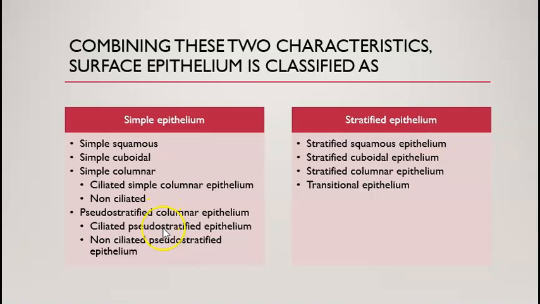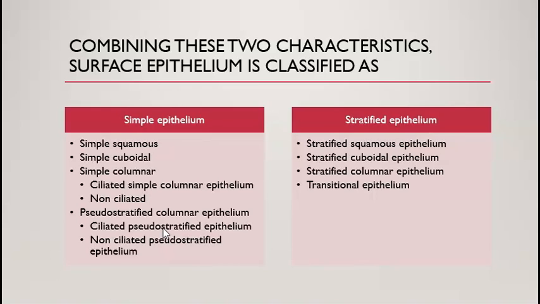It is again classified as ciliated and non-ciliated. Ciliated pseudo-stratified columnar epithelium has cilia and goblet cells. They line the airways of most of the upper respiratory tract because we need cilia to push away foreign particles. So remember it like that; these are found in the respiratory tract. The ciliated simple columnar epithelium is also located in the nasal cavity.